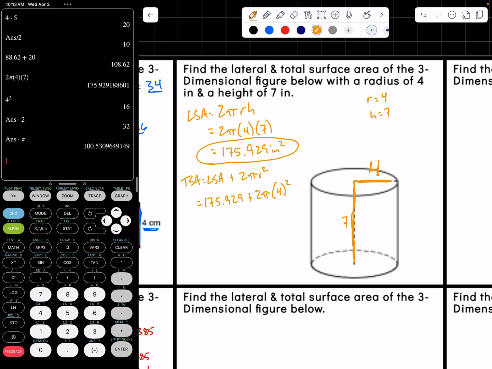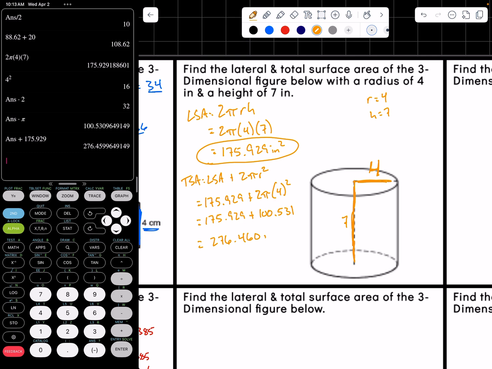It's going to be 175.929 plus 100.531. And when we add those up, I get 276.460 inches squared.